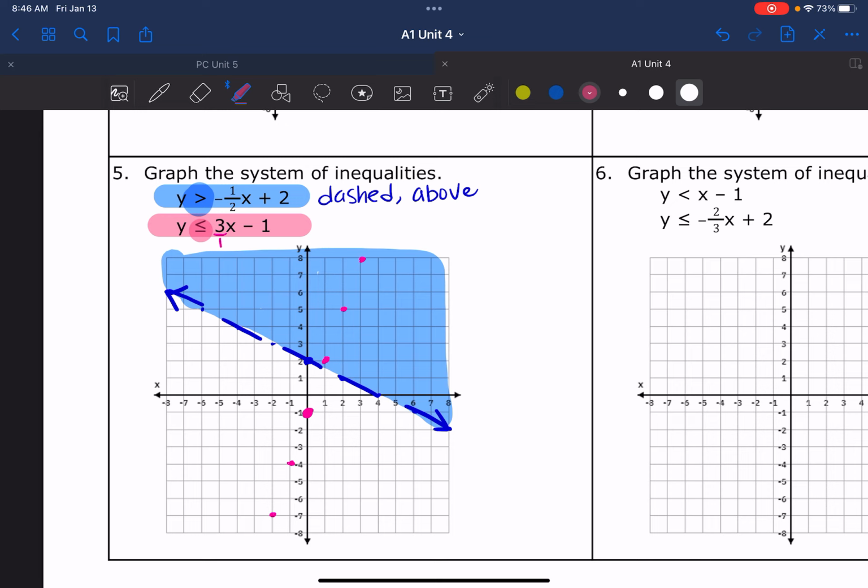Now looking at this symbol, because that symbol has that underline, this is going to be a solid line. And it is a less than symbol because it's pointing to the left. So we're going to shade below. So let's draw this in. Solid line, and shaded below.